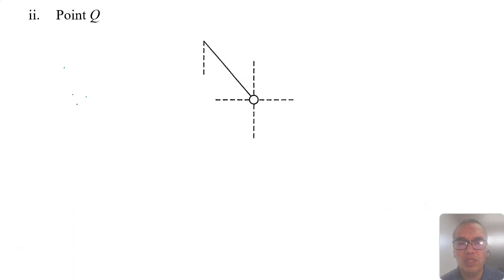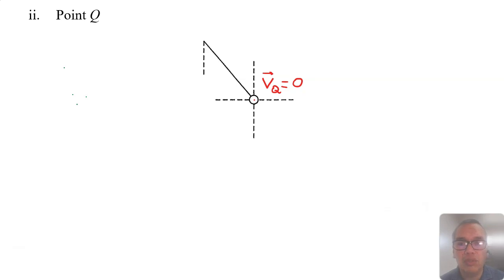So what can we say about the velocity at point Q? Precisely that the velocity at point Q is 0. This is only an instantaneous situation. The velocity is only 0 at this particular instant, but it is 0.